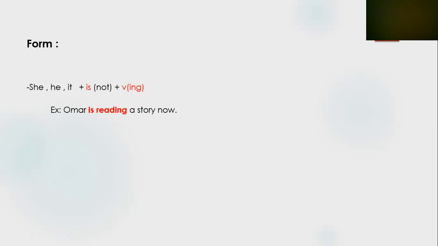Like, Omar is reading a story now. Omar is a singular pronoun. It refers to he. Is reading a story now. Is reading is according to the singular pronoun is and followed by verb ing. How to make it negative? Omar is not reading a story now.